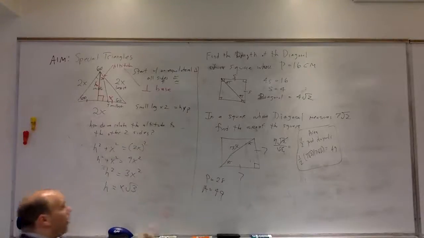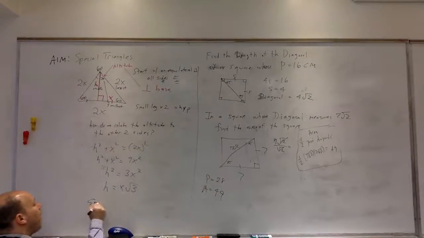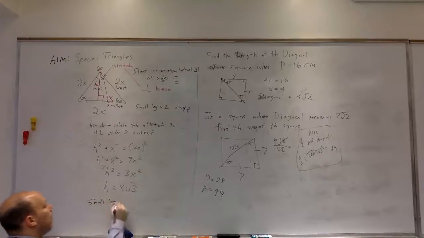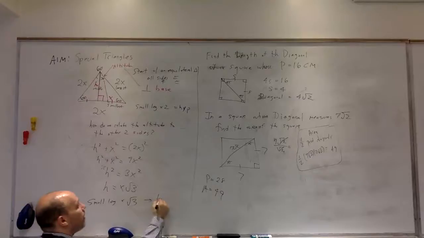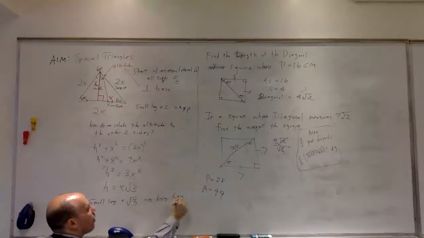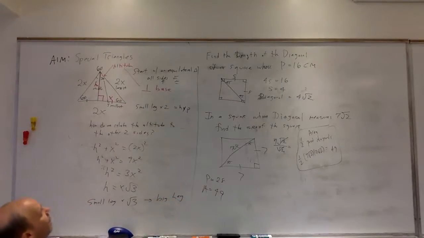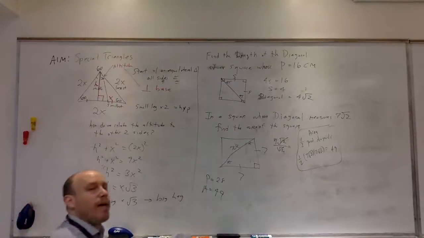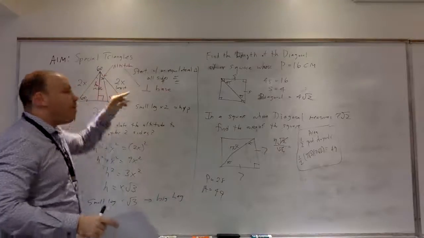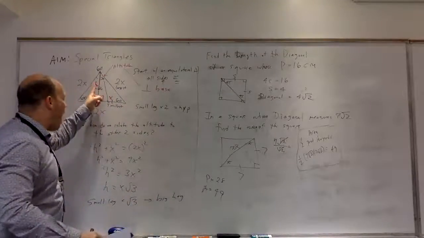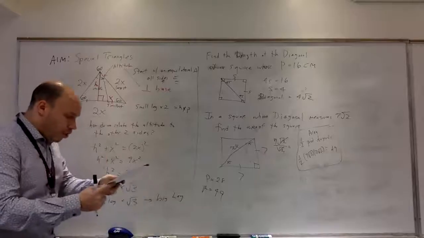So we can conclude: take the small leg, multiply it by radical 3, and you get the big leg. And we can come up with a formula for going from the middle to the largest leg, personally, just to get back to the smallest leg.